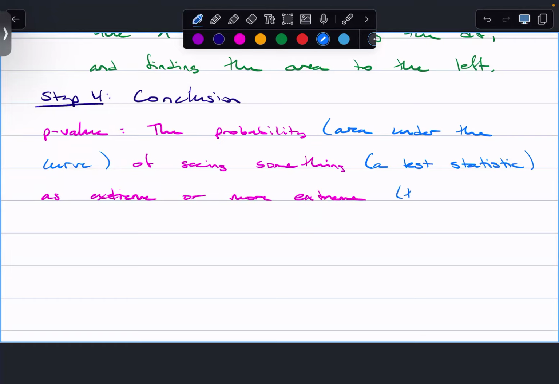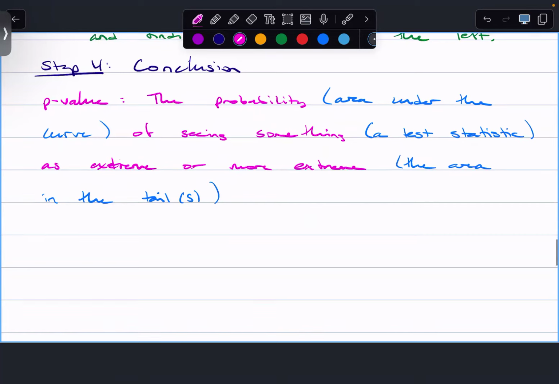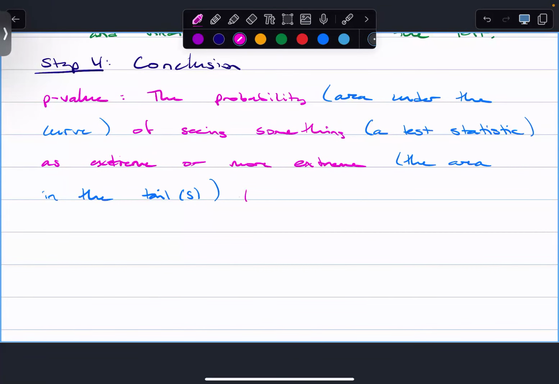This makes it the area in the tails, potentially both tails if you're in a Z, and that also depends on your alternative. If we think back to one or two sample proportions, we had one or two-sided tests. The default is a two-sided test, so then it's the area in two tails, of seeing something as extreme or more extreme than what we saw, assuming H naught is true.